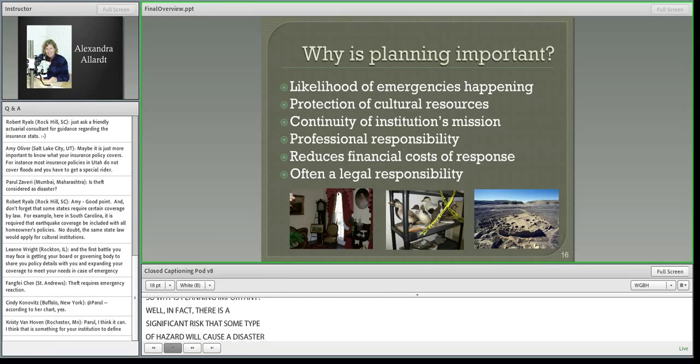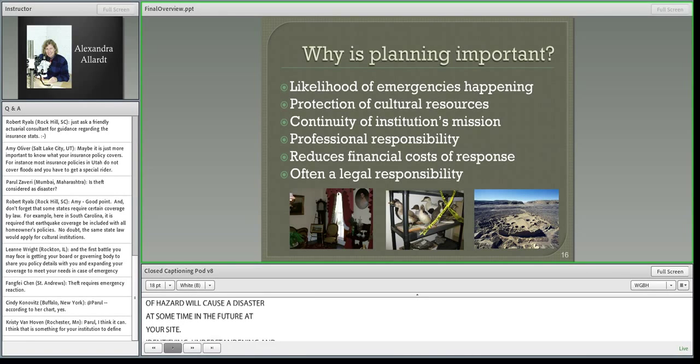Having a strong disaster plan that addresses those risks lowers the likelihood of emergencies happening and helps you as cultural stewards safeguard the collections and the stories they tell. A plan also has financial benefits as it mitigates against insurance claims and costly conservation costs involved with response and recovery.